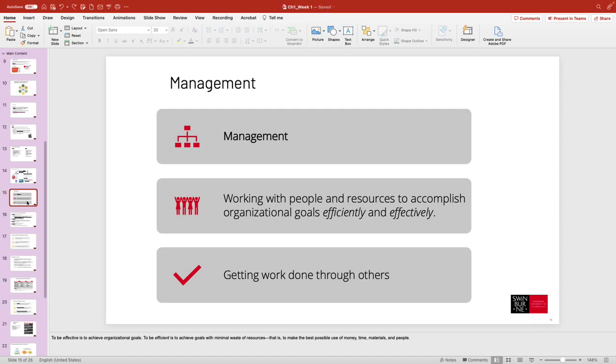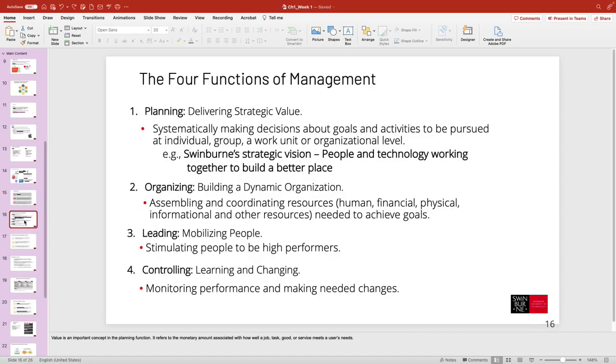That is efficiency. You're doing things right. Effectiveness is all about doing the right things, that is achieving your organizational goals and objectives. So what is management, what is efficiency, and what is effectiveness? You need to get your head around these things before you move on.